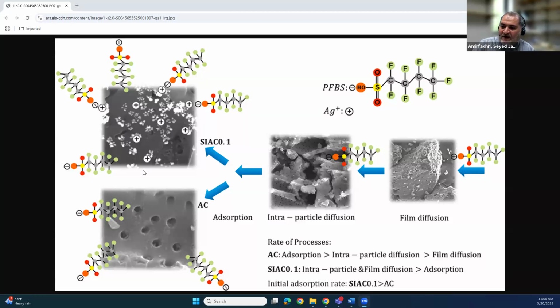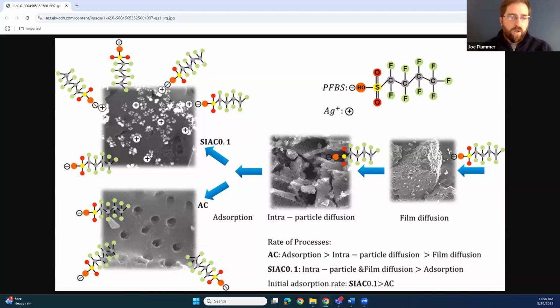When you compare these two materials, the bare activated carbon and the activated carbon with silver nanoparticles, this silver provides new sites to remove PFAS, and then they increase the adsorption capacity of the material.